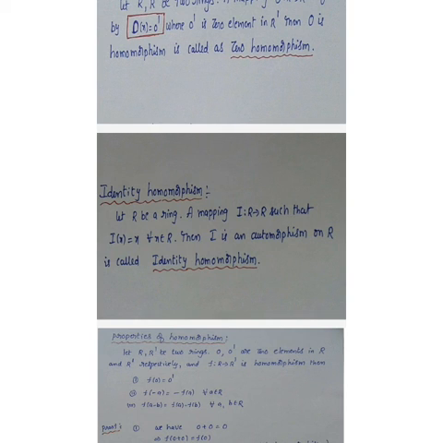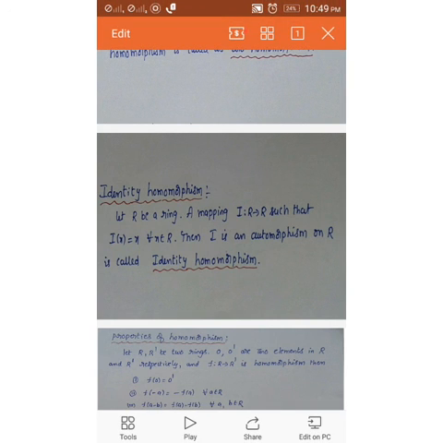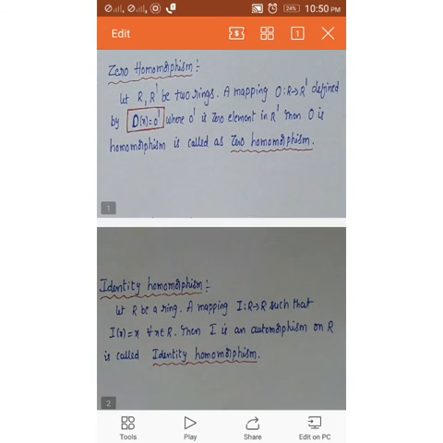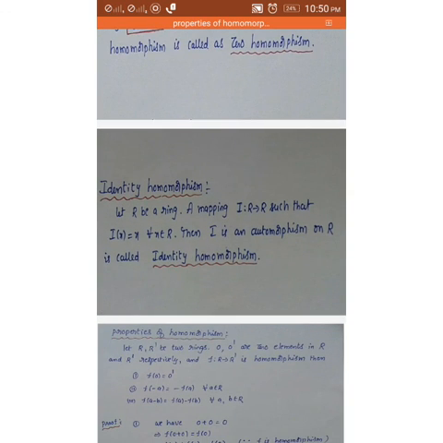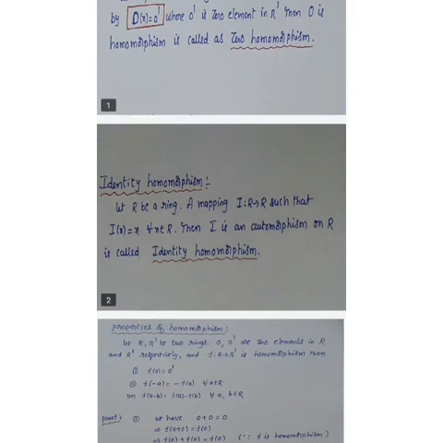It is actually an isomorphism from R to R, that's why it is an automorphism, called the identity homomorphism or identity automorphism. Therefore, zero homomorphism and identity homomorphism are over. Zero homomorphism means 0(x) = 0', and identity homomorphism is nothing but I(x) = x.